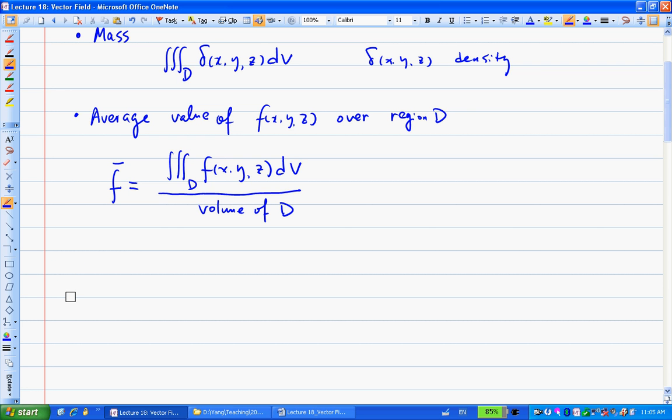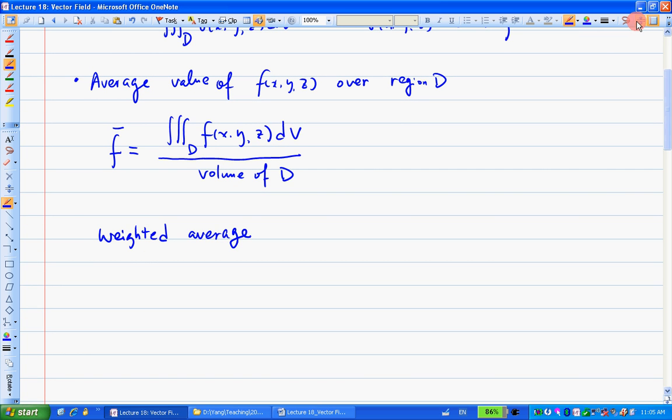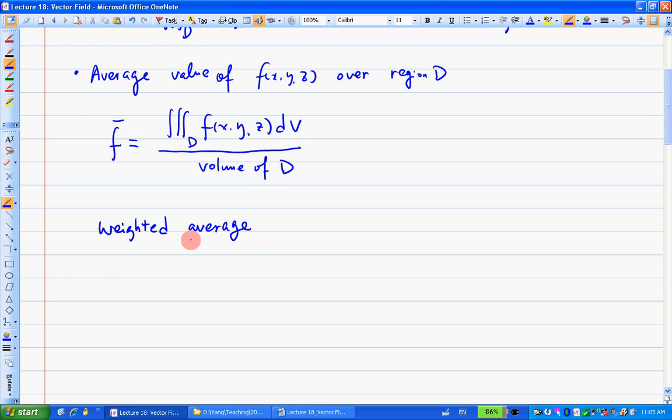An extension of this average value is the so-called weighted average. The question is, what do we weight this with? I can use this density as the weight.